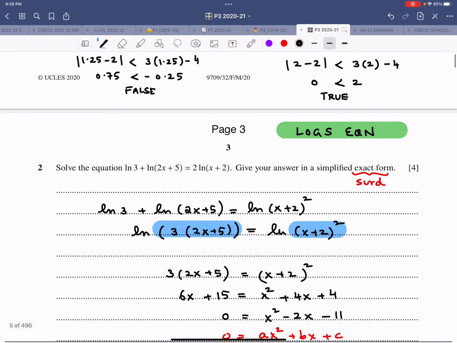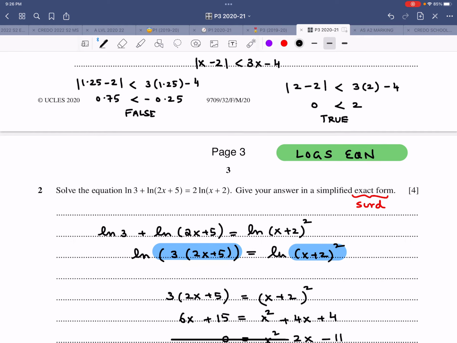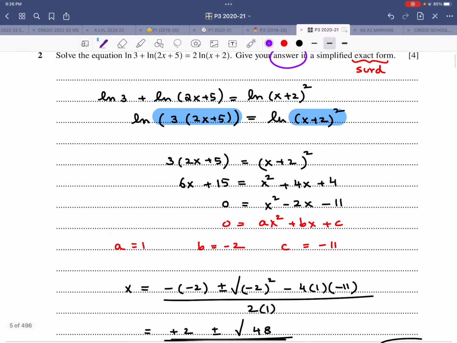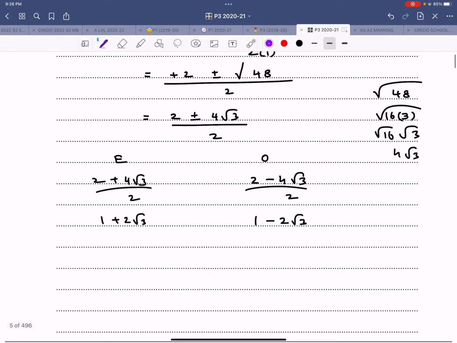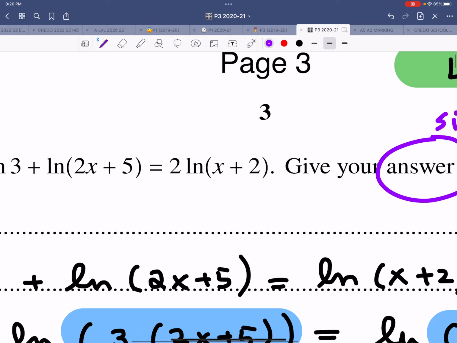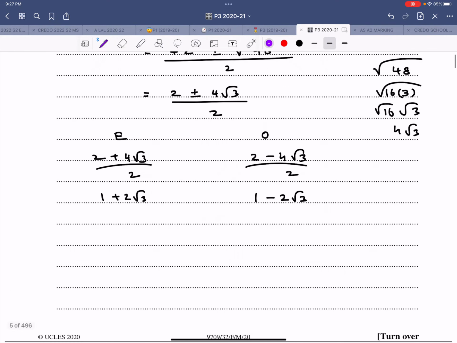But there is one issue. It's asking for answer, this is singular. It's not asking for answers. That means you need to choose a value which is positive. Why? Because if ln (x + 2) becomes negative inside, the equation is invalid.